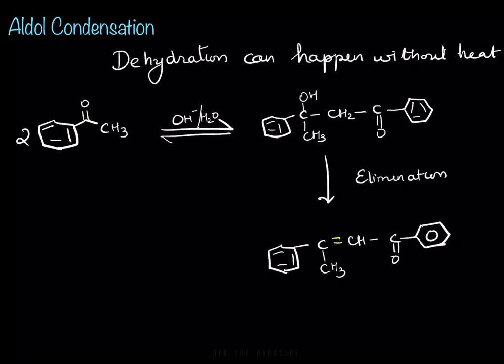But this double bond is actually conjugated with the carbonyl double bond, and also the double bond in the benzene molecule or the phenyl group. Okay, and that's actually going to be the driving force. The stability of this molecule is the driving force for this reaction.